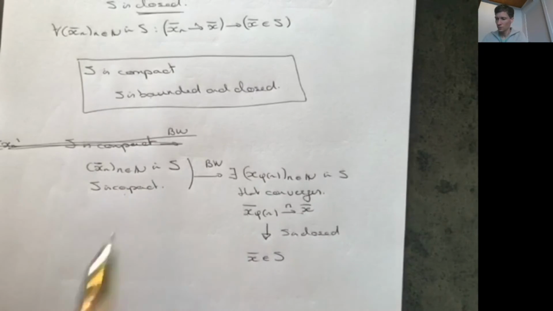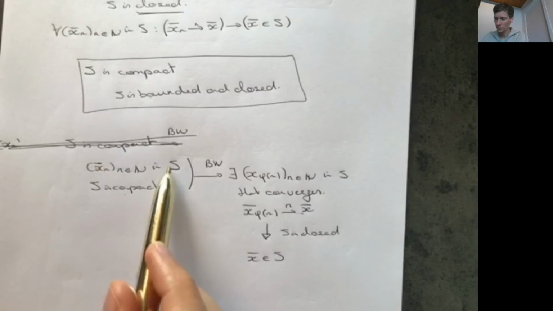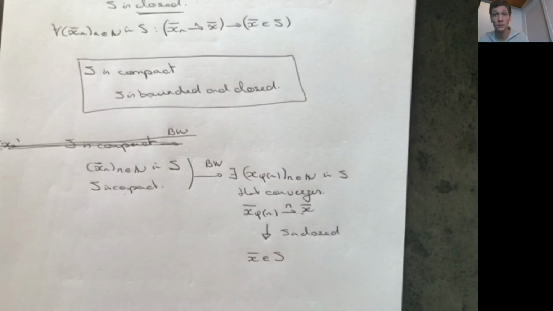So if you have a sequence in a compact set, then we know it has a convergent subsequence, and the limit of this convergent subsequence is also in S. So any sequence in a compact set has a convergent subsequence whose limit is also in the set.